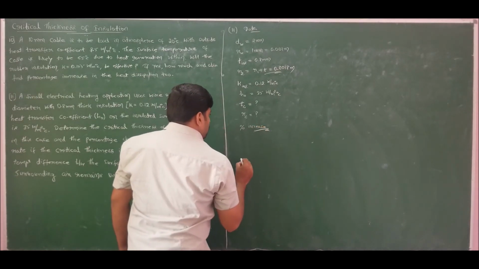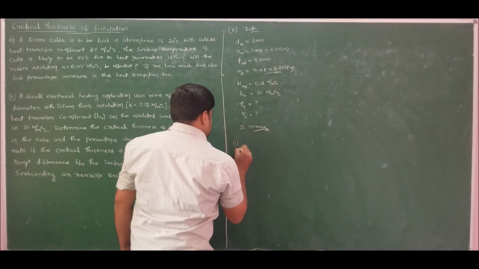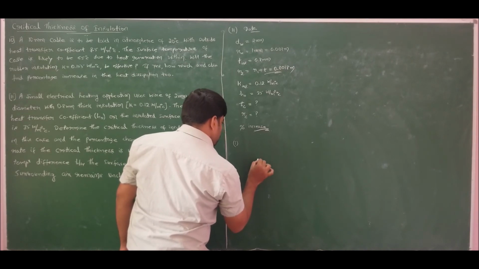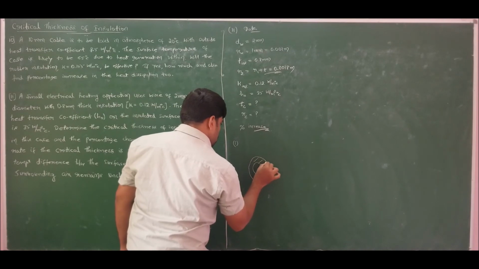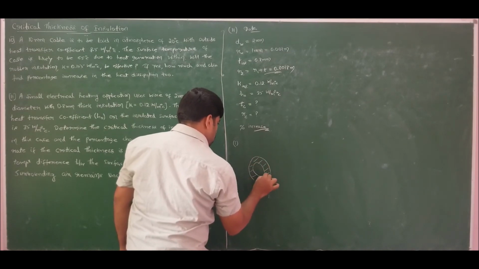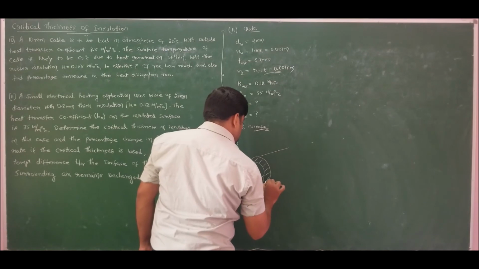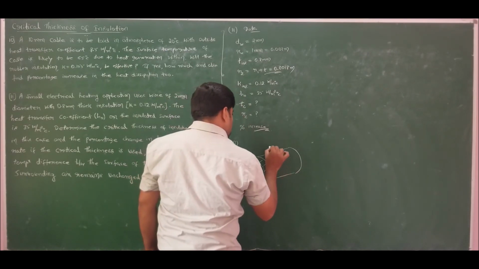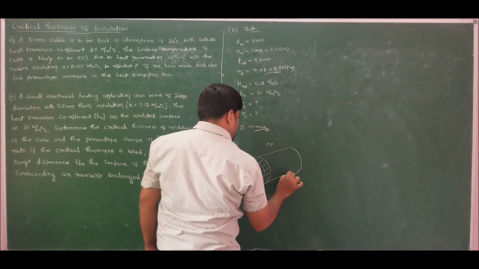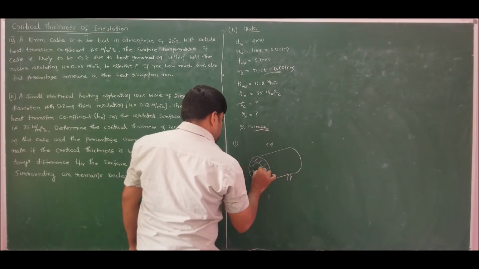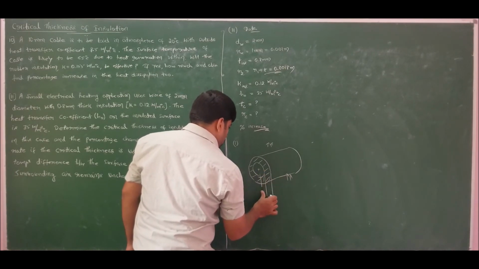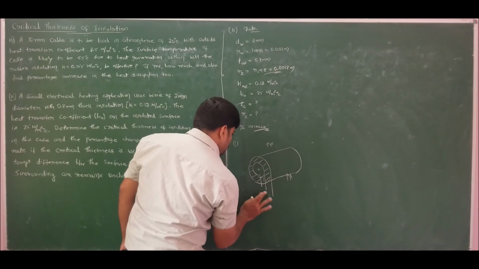Now, if I analyze the problem, in the first case, we have a wire which is insulated, and here also the length is not specified. It is subjected to convective heat transfer, whereas the radii are specified as the radius of wire. Let me take it as radius R1 and R2.